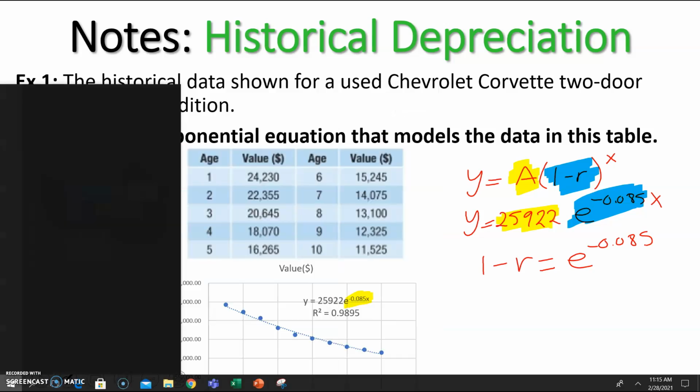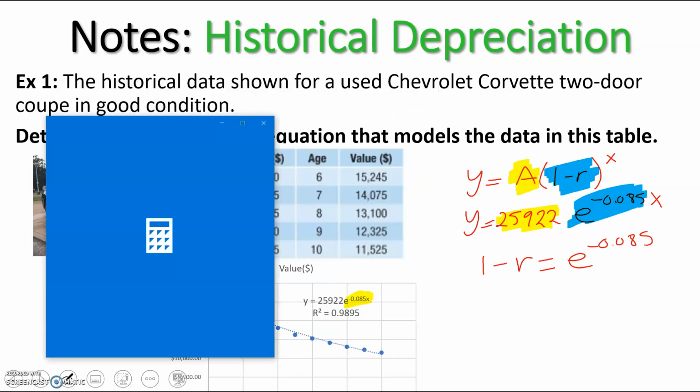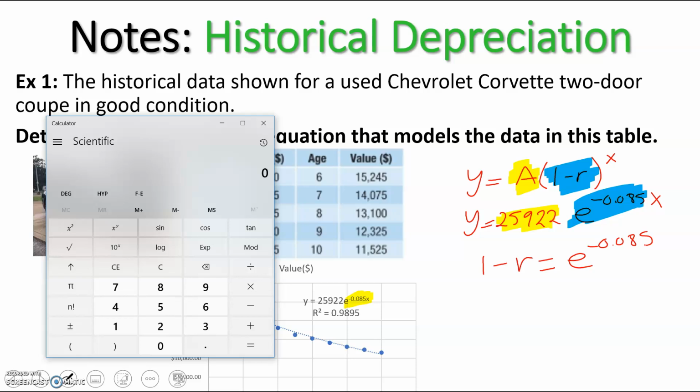Now, using a calculator, let's do our 0.085, we'll make it negative, and then we're going to click exponential, so our base e. Actually, I think it's going to be the reverse of that.